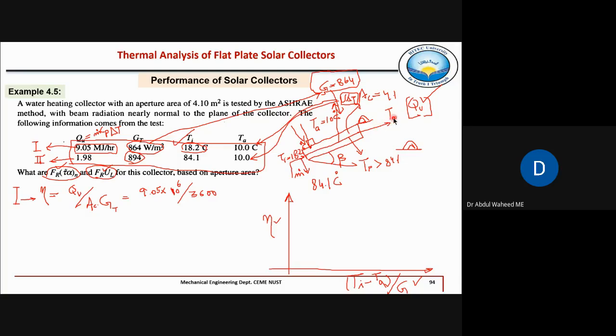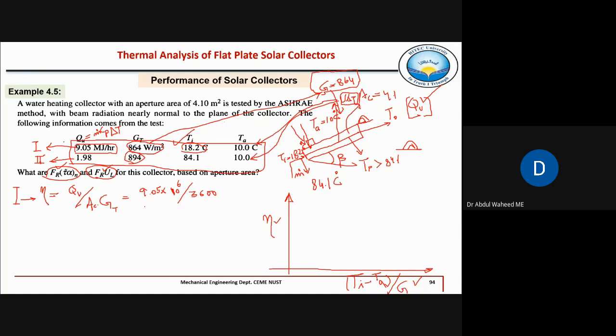So we wait maybe 10 or 15 minutes, and then you take the measured value of TO when everything gets settled, or steady state conditions are achieved. Then we calculate this QU with the help of this equation. Here m dot is not given. The fluid would have been entering with a certain m dot, so using m dot Cp delta T, this value is calculated. It is given in megajoules per hour, so that is actually watts. Okay, so that is QU.